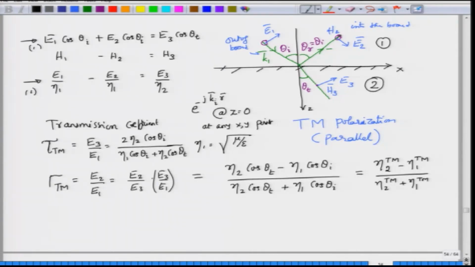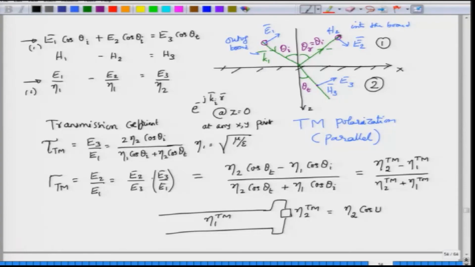You will think that this is equivalent to a transmission line whose characteristic impedance is eta 1 TM, terminated in a load whose impedance is eta 2 TM, provided you associate this eta 2 TM as the medium impedance eta 2 times cos theta t, and you identify eta 1 TM as eta 1 cos theta i.